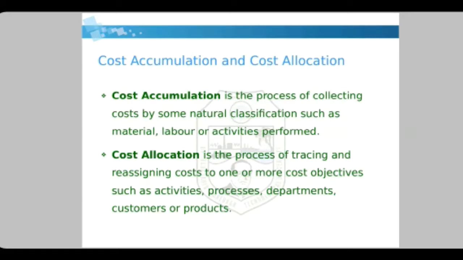What is the meaning of cost allocation? Cost allocation is the process of tracing and reassigning cost to one or more cost objectives, such as activities, processes, departments, customers, and products.